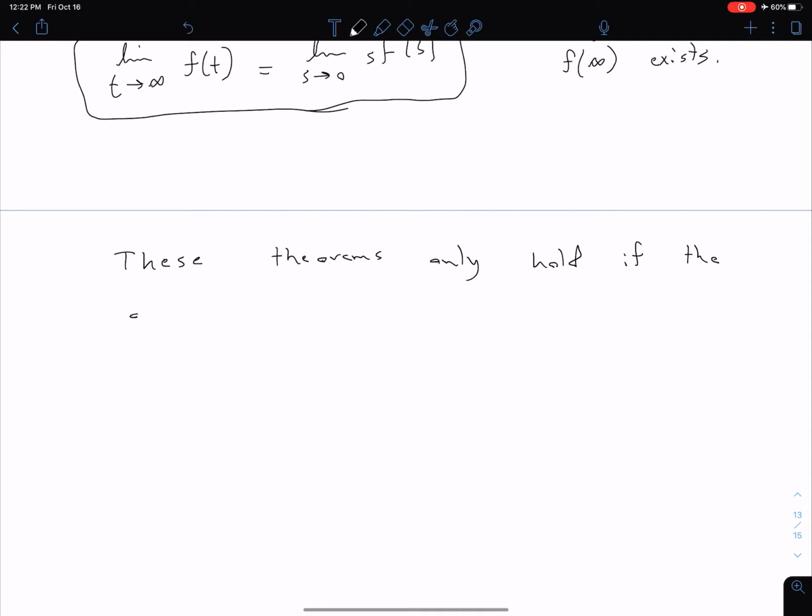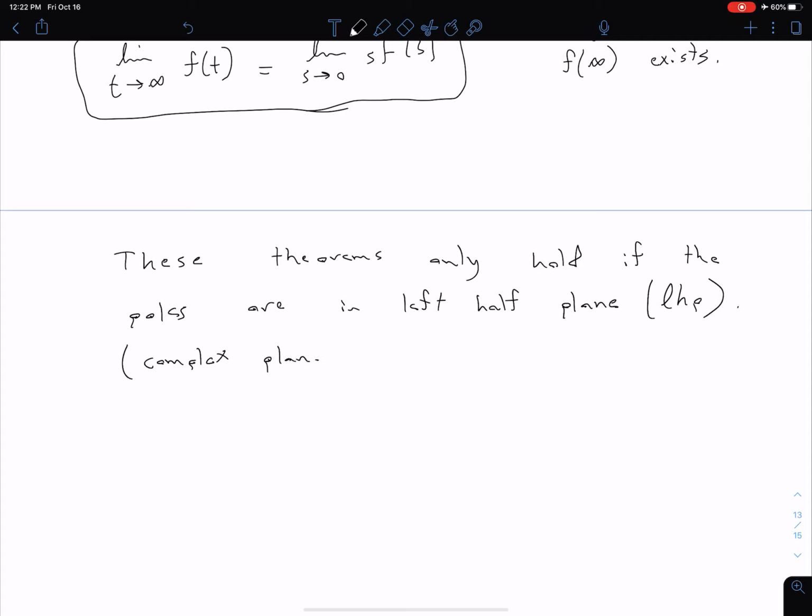Oftentimes this is a big topic that comes up in control systems, for instance. We'll just abbreviate that as LHP, left half plane, and the plane we're talking about here is the complex plane.